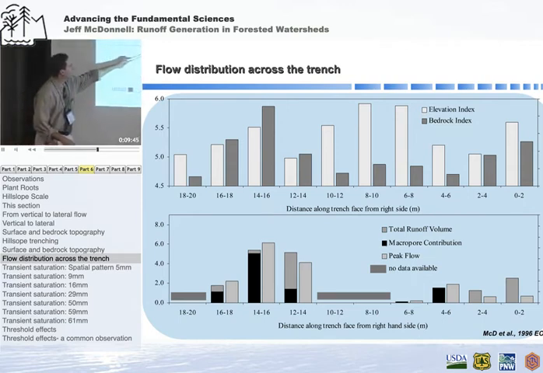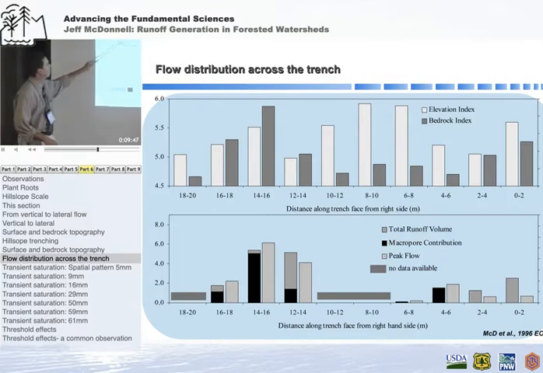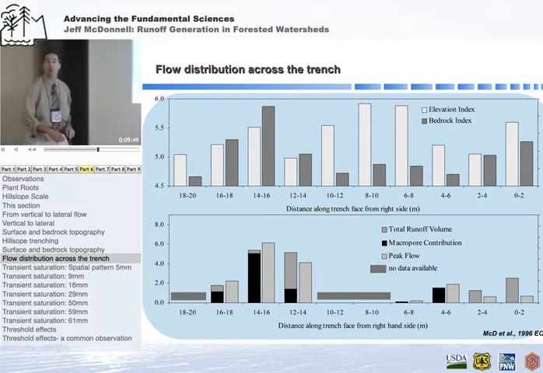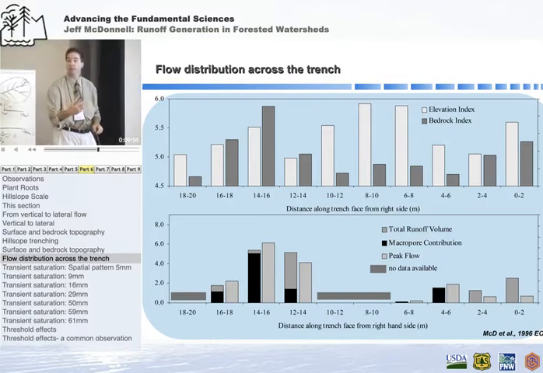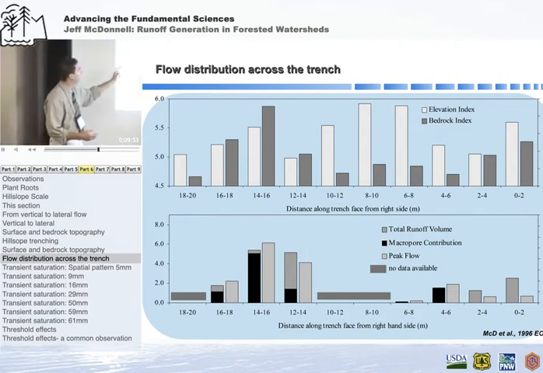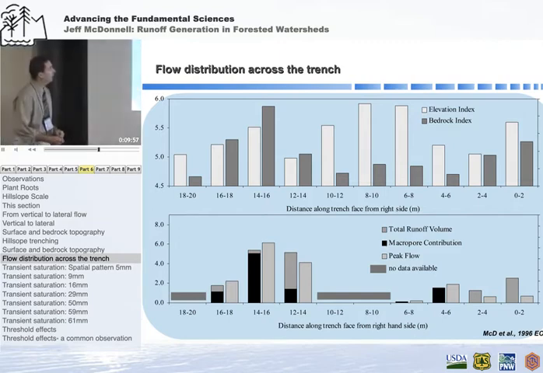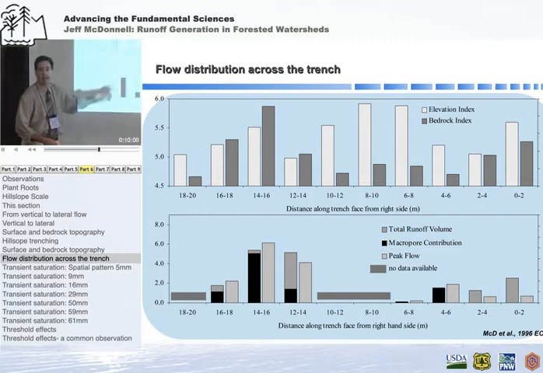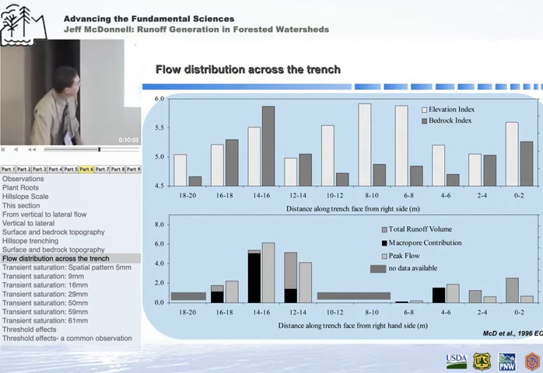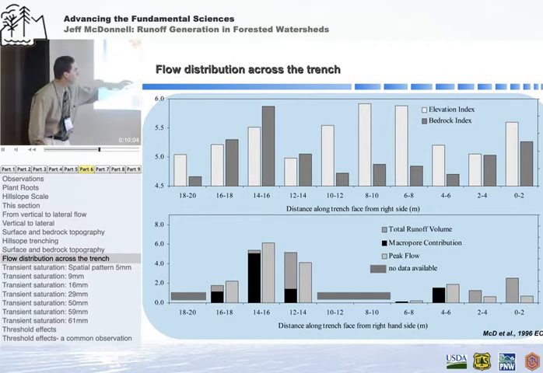And this is where the distribution of the bedrock topography would be indicating most of the flow would be emanating from. The surface topography is saying that the flow should be much more evenly distributed along the trench face, with most of the flow at that bedrock, or that topographic depression over here.